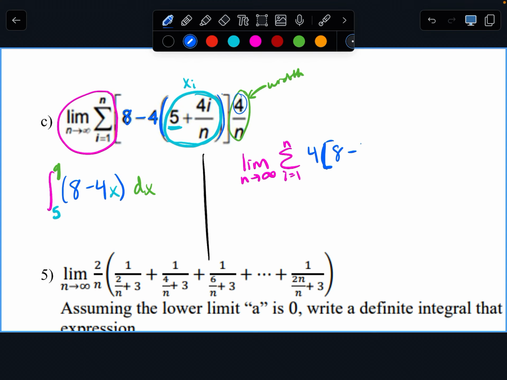And then I have 8 minus 4 parenthesis. And maybe I'll change it to 5 plus 4 I over n.